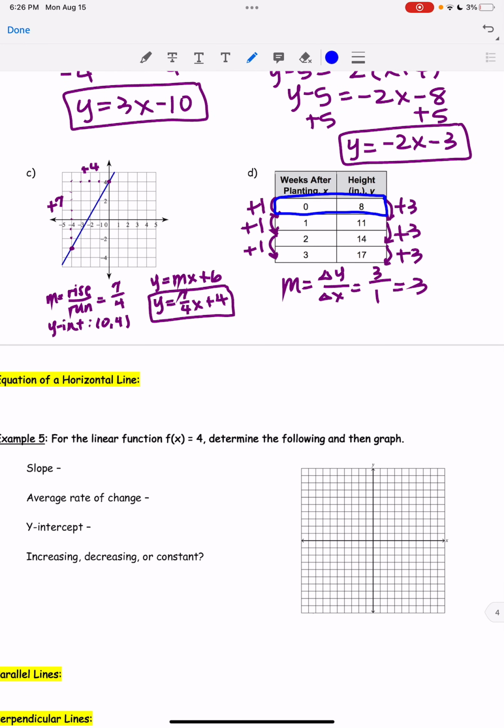So this right here is my y-intercept, specifically, the 8. So now my y equals mx plus b. I don't have room to write it, so I'm not going to write my formula. But my y equals mx plus b. My m is 3, and my b is 8.